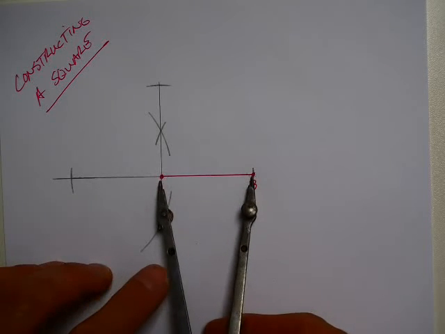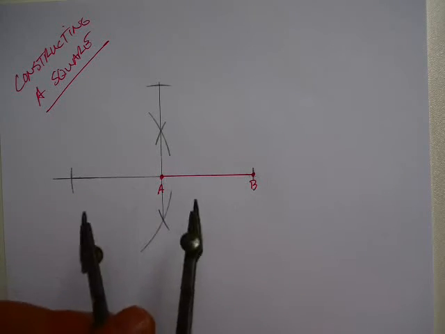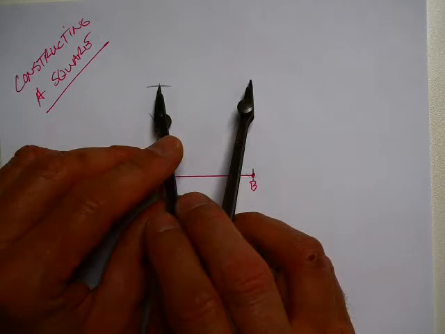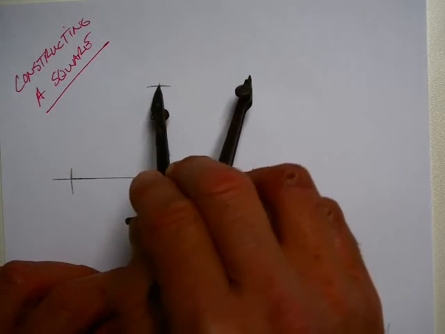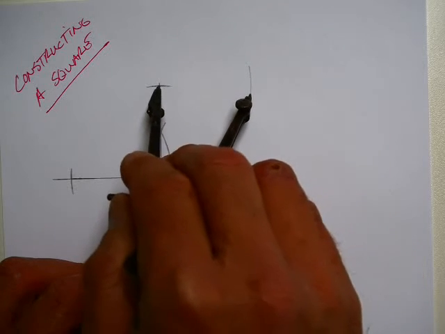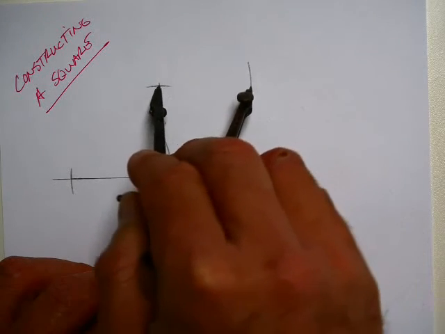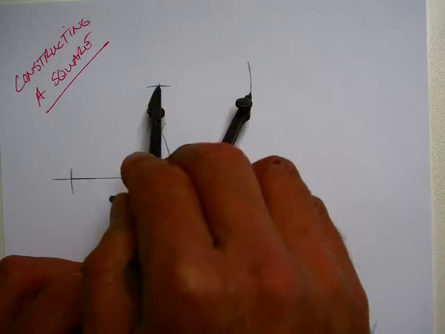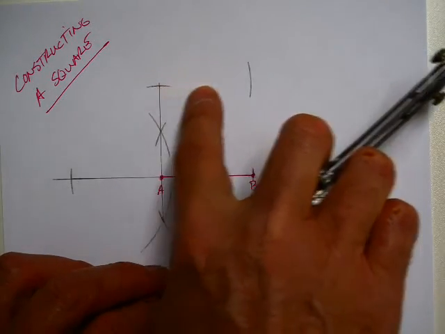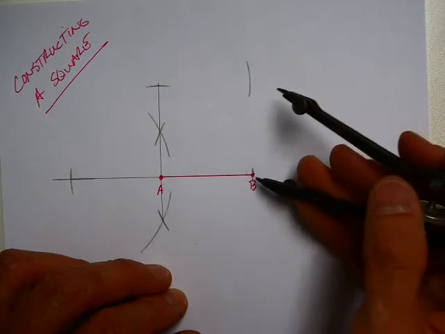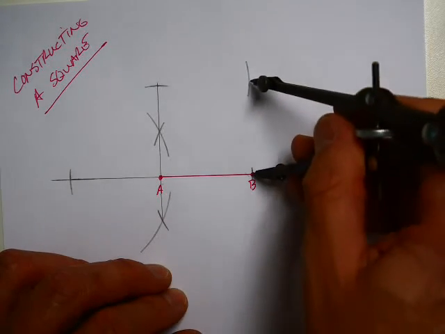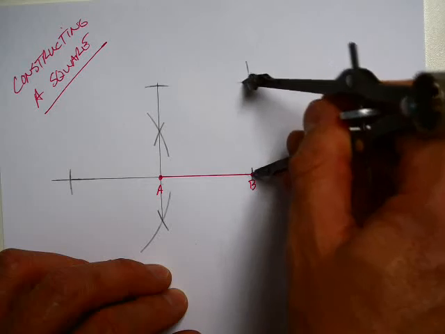Now without adjusting this, the next piece is easy. I'm going to go from this new point, this end of the new line, and I'm going to just strike an arc out here into space. But that arc's going to be, to my eye, horizontal from that new point. And then I'm going to go from my point B and strike an arc that'll intersect that arc.